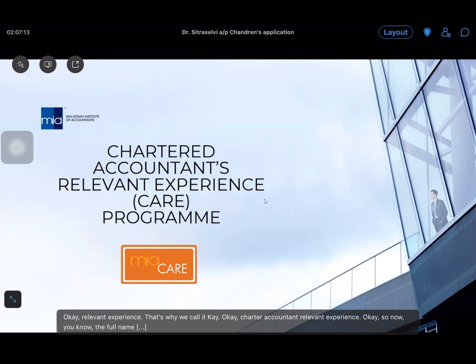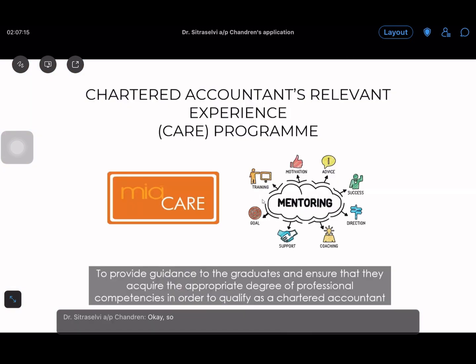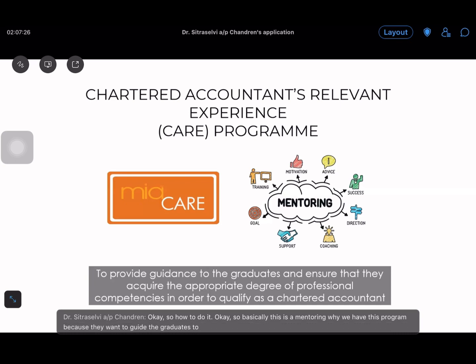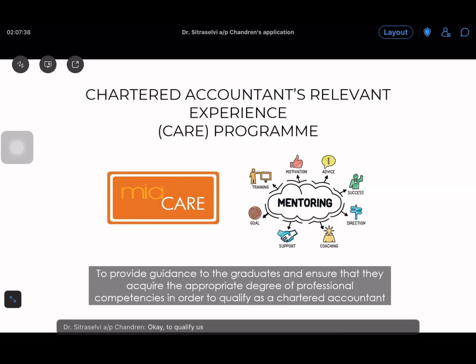So basically this MIA CARE is mentoring. Why do we have this program? Because they want to guide the graduates to ensure that they acquire an appropriate degree of professional competencies. So you have your knowledge, plus your professional and holistic skills, to qualify you as a chartered accountant. No exams, it's just mentor-mentee.